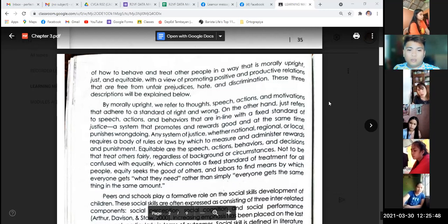Deviation. What does it mean when we say deviation? Deviation is you are deviating, you're defying. Hindi mo sinusunod, sinusuway mo yung sinasabi ng nakararami. Okay? Because we have what we call consensus. What is consensus?